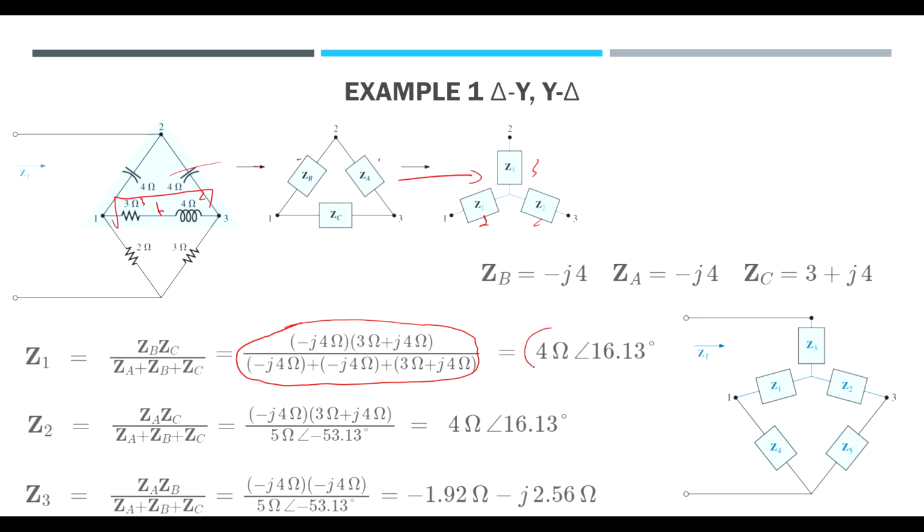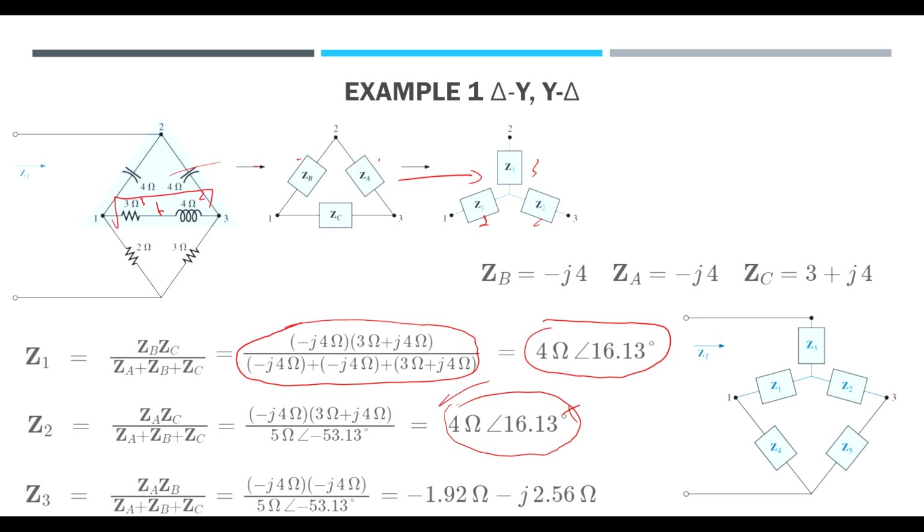And this gives us a 4 ohm impedance with a 16.13 phase shift. Z2 is the same thing, you just plug in the numbers and it's going to give us 4 ohms with 16.13 similarly. And Z3, I need to double check this one, I think there's a typo here, but if you redo the numbers, you can compute this number right here very easily.